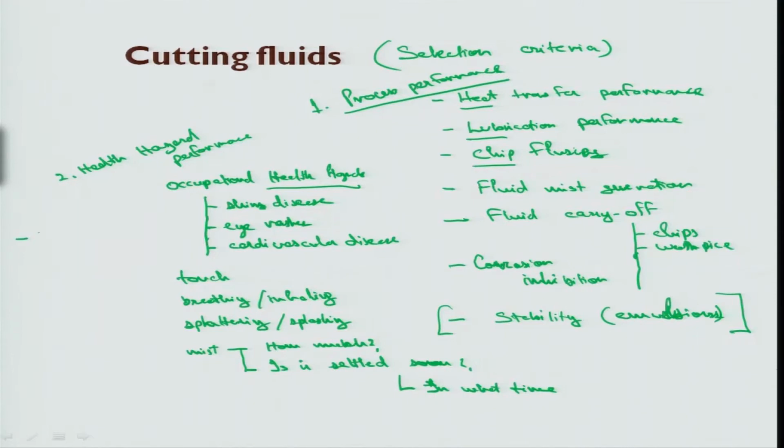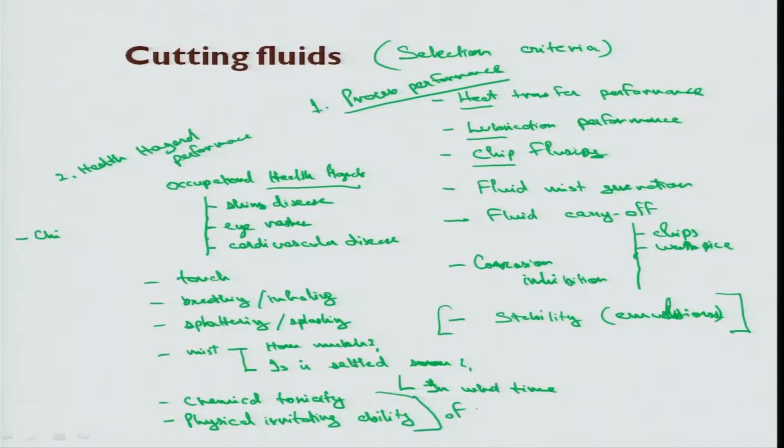So here chemical toxicity of fluid also plays an important role. I put it here only. Chemical toxicity and physical irritating ability of my cutting fluid, of the cutting fluid being used.